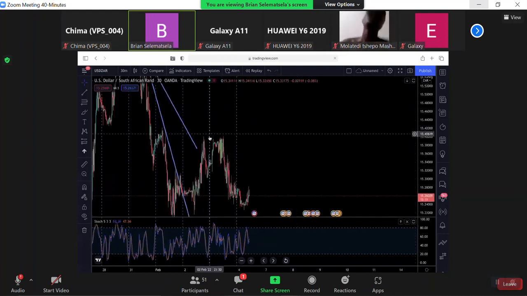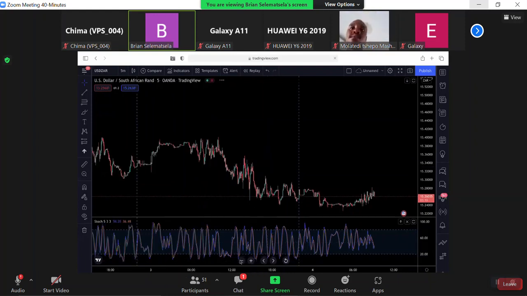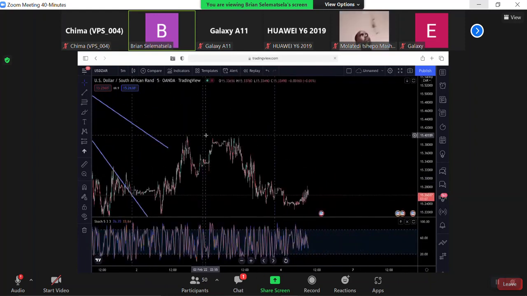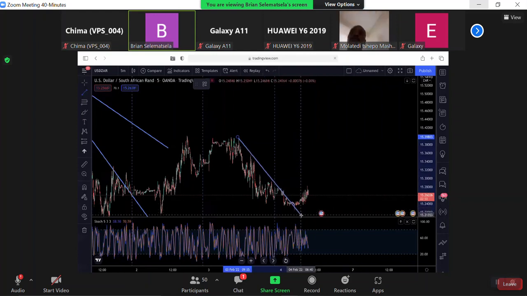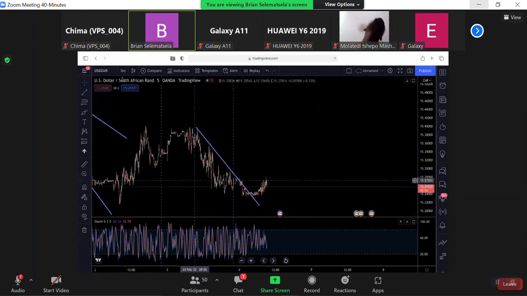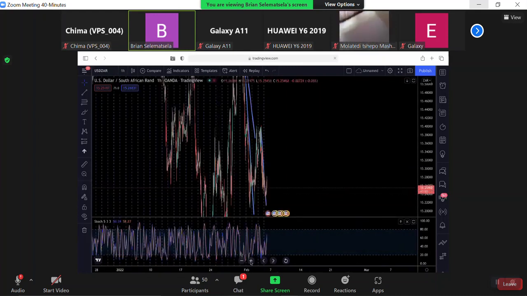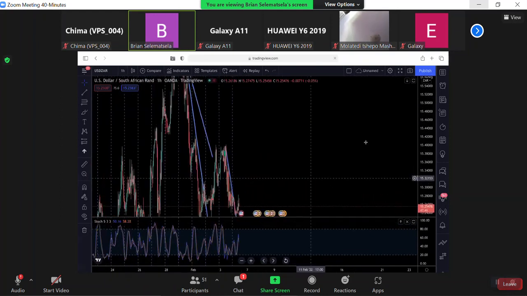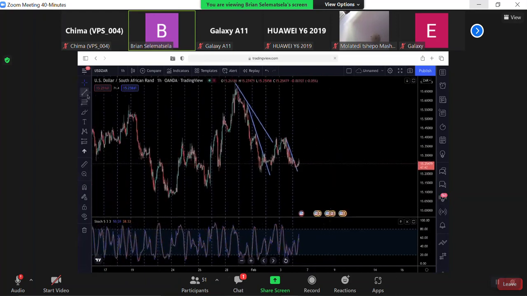Now, when we go into a more detailed form, from this to there, the horizontal line, it makes sense to buy. At the same time, I want us to extend this line.